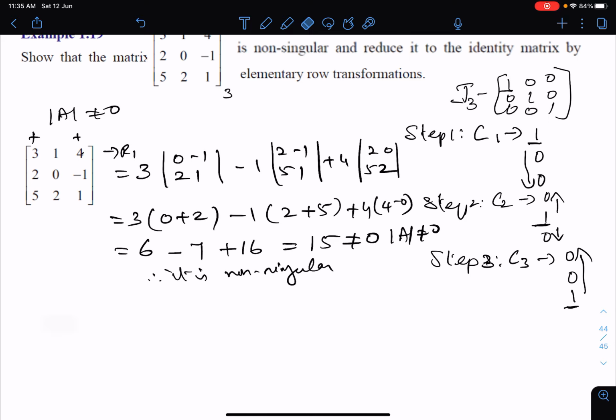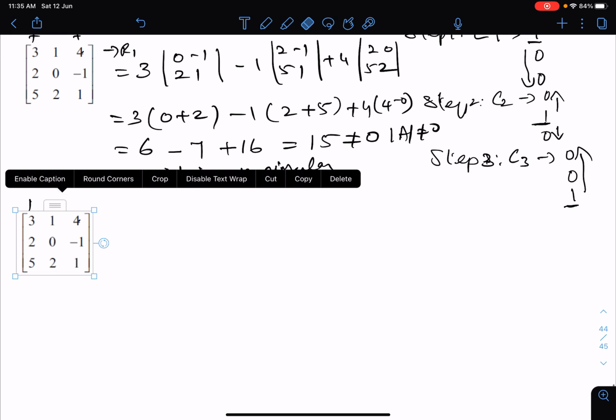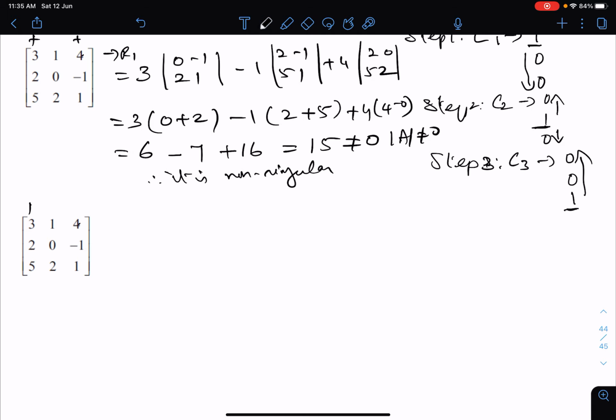Again I will copy and paste it here. So here we'll draw the rough work here. It's not straight, we'll make it a straight line.